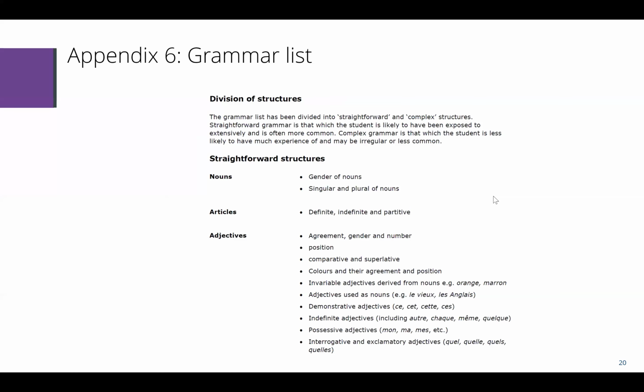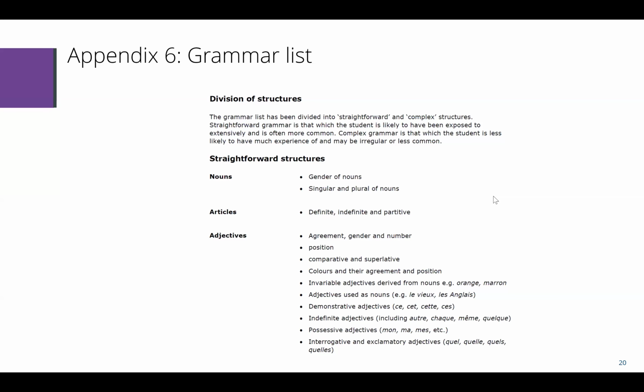I just wanted to bring your attention, in terms of the overall qualification, to the fact that there is a grammar list. You can see this is in Appendix 6 of the specification. This is taken from the French one, and it's quite near the end of the specification.